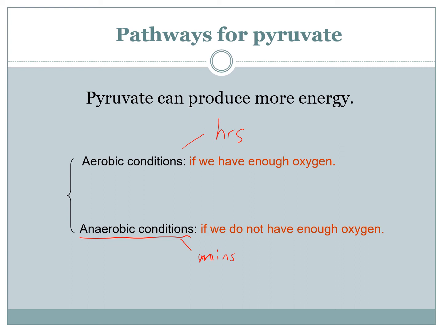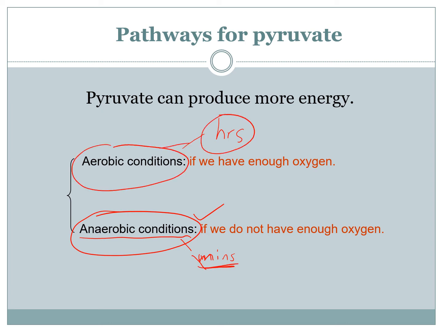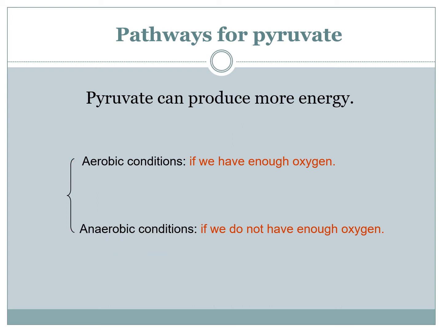But it's slower as far as yield. If you were to measure the amount of ATP produced in a minute under aerobic and anaerobic conditions, the anaerobic would produce more in the minute, but the aerobic would obviously produce more within the hour. That's essentially the way to think about it. So, looking at the aerobic condition, because that's the one that we will follow right through the next step.